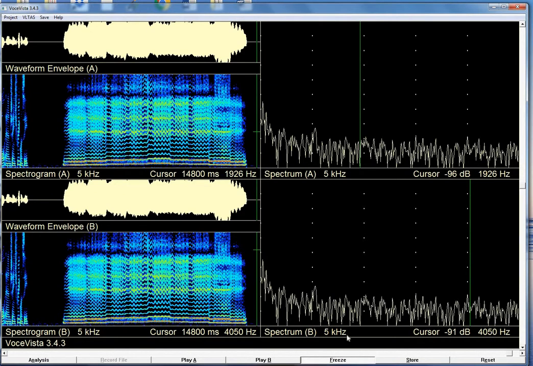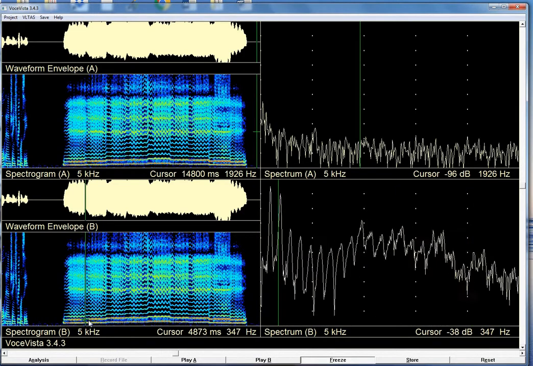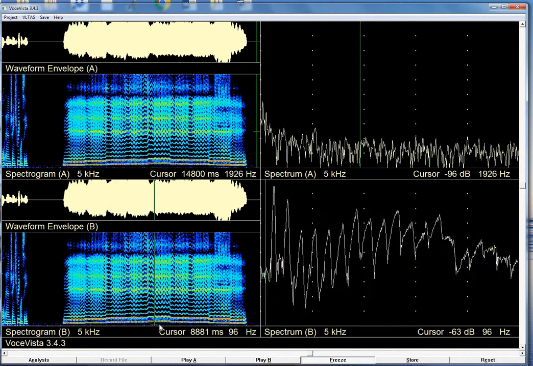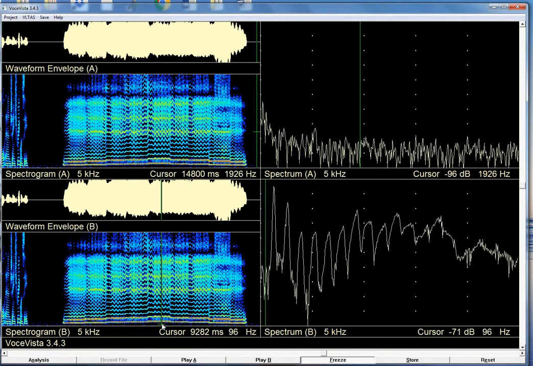So that's me keeping the same vowel or a very similar vowel and changing the frequency. Here's the top of it, and you can see each harmonic here, 267.